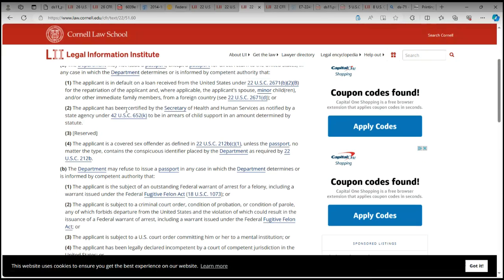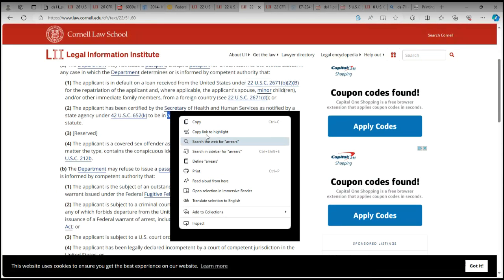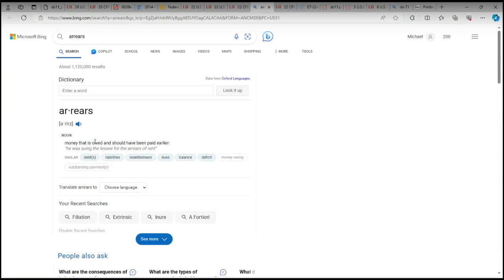Number 2, the applicant has been certified by the Secretary of Health and Human Services as notified by the state agency under this section, to be in arrears of child support in an amount determined by the statute. I think arrears means you're delinquent. Money that is owed and should have been paid earlier.